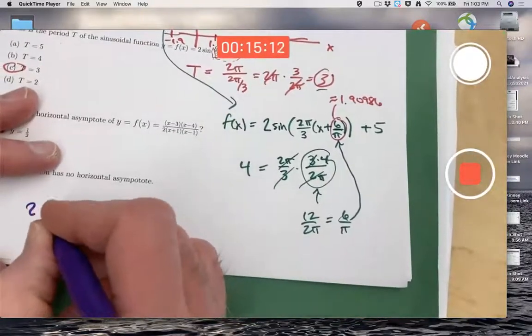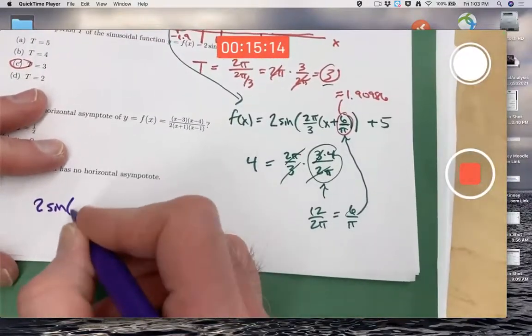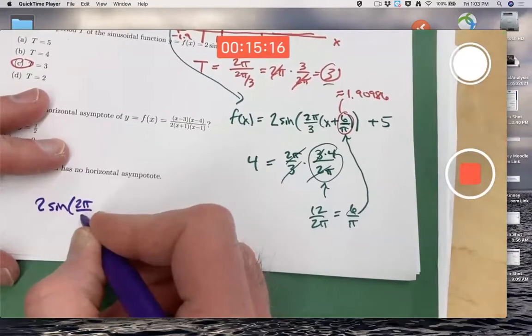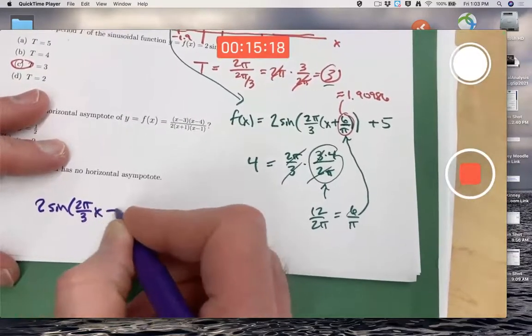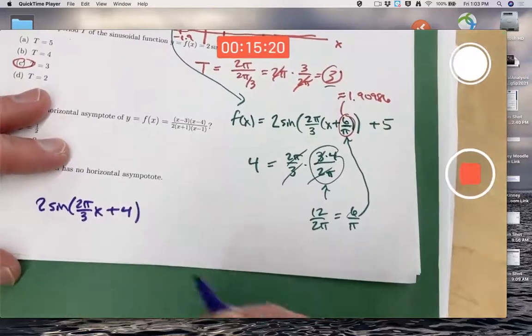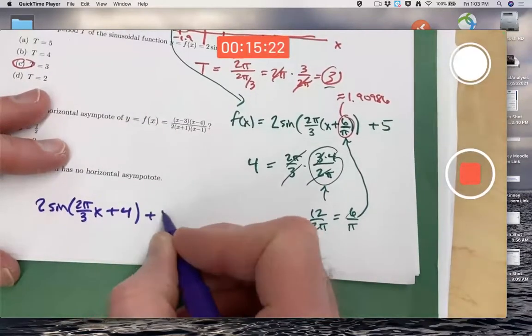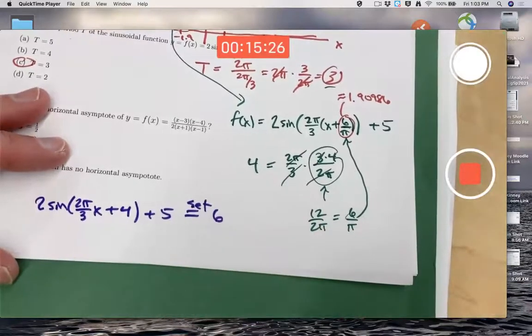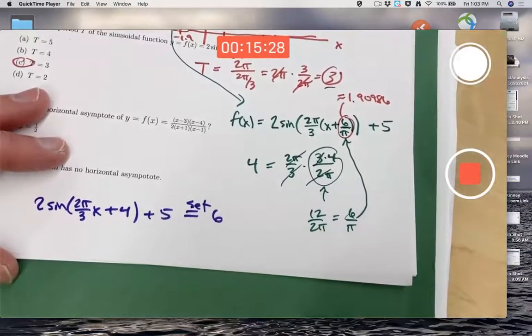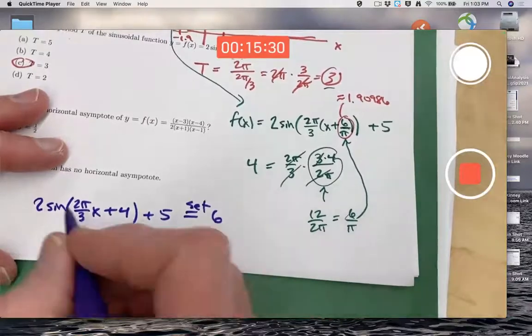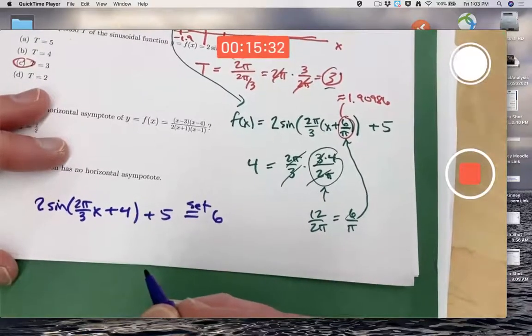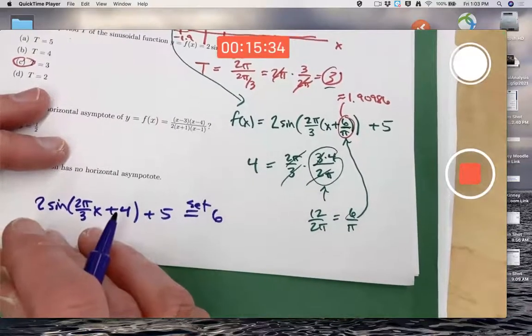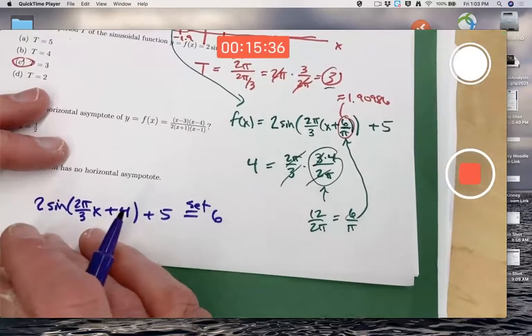Set 2 times sine of 2 pi over 3 times x plus 4, I'm writing it in the unfactored form here, plus 5, set this equal to 6 and solve for x. It's a trig equation. You can't isolate x without applying the inverse sine function.